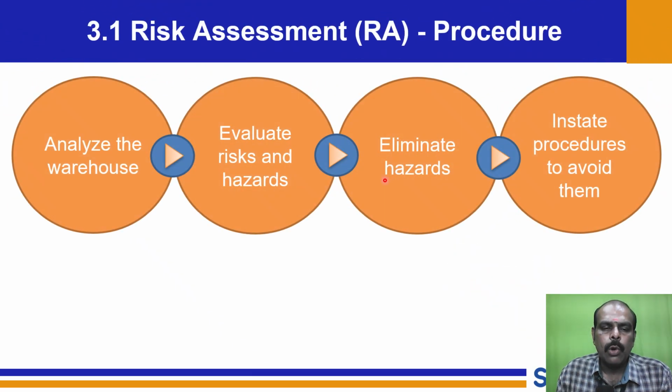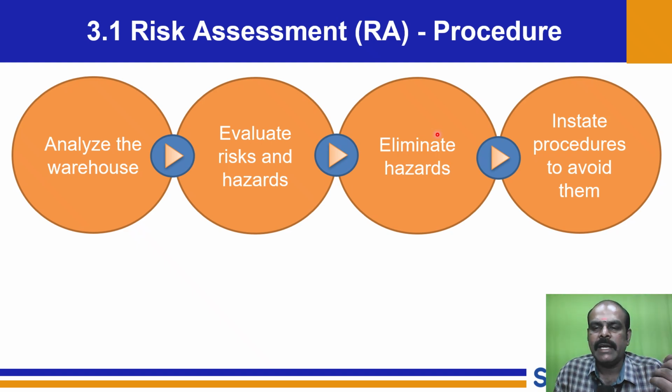Next, how to do it? The procedure is, first, analyze the warehouse. Completely analyze what injuries and potential risks you find in the warehouse. Then evaluate the risks and hazards. What might be the extreme cases if the risk still persists in the process? What will be the extreme hazard which can happen? Then eliminate the hazards.